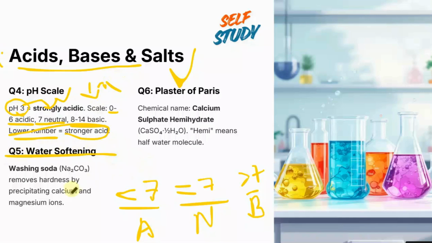Next, water softening. Water in oceans and seas is hard water. This water is called hard water because it contains calcium and magnesium ions, such as CaCl2 and MgCl2.